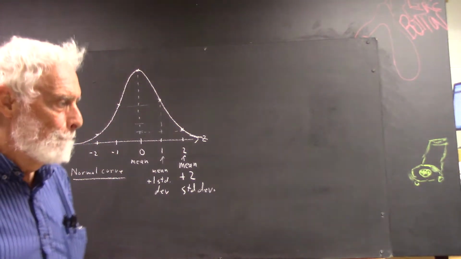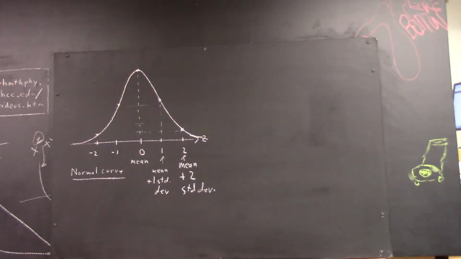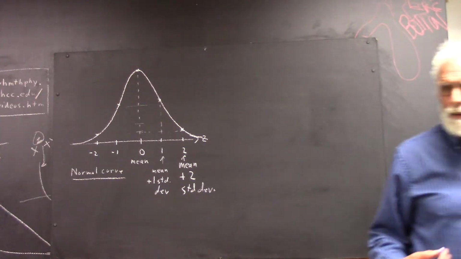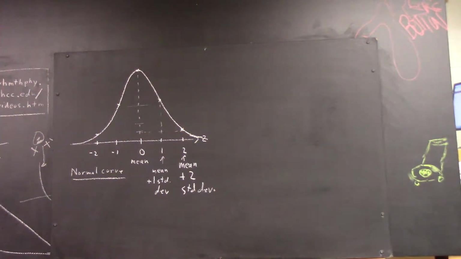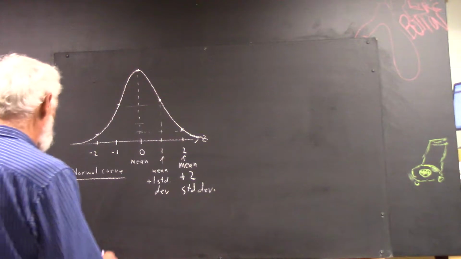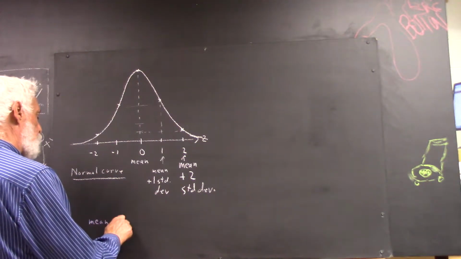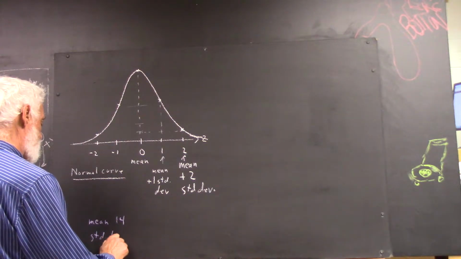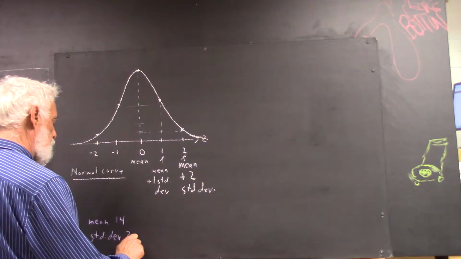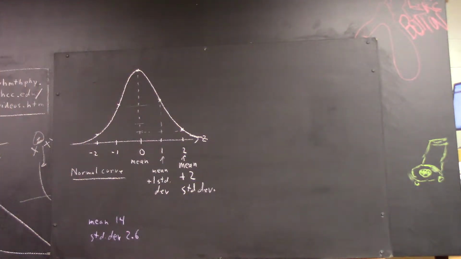Now, you remember that yesterday, my average SIP was around 14 grams, maybe. So, if your mean is 14, the standard deviation, I think, was 2.6. Okay?